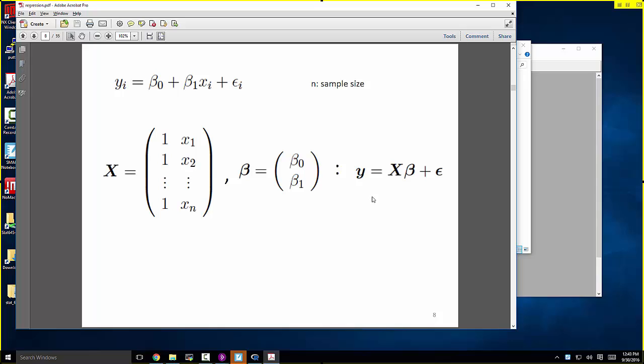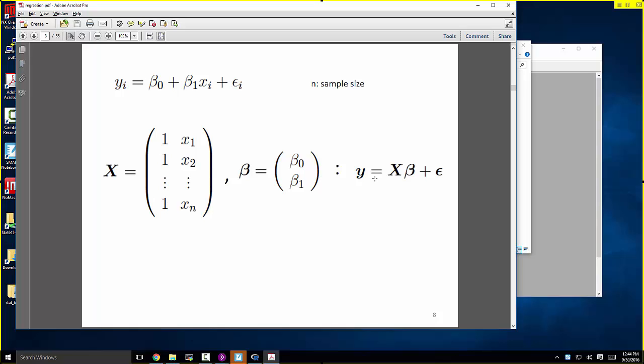We can represent all n of those in one expression using the vector and matrix style representation. The way we can do that in this case is with a design matrix that looks like this. Capital X has ones in the first column and it has the x's in the second column.